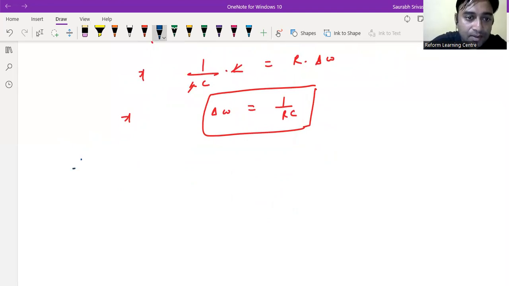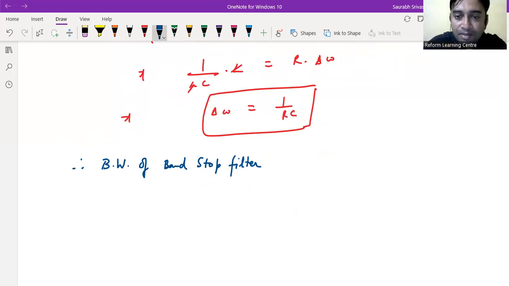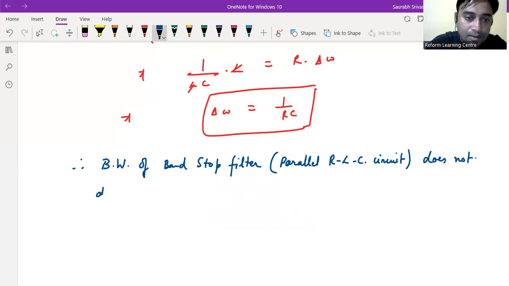Therefore, bandwidth of band stop filter, which is nothing but parallel RLC circuit, does not depend on inductance.